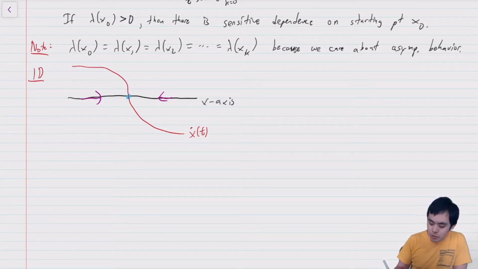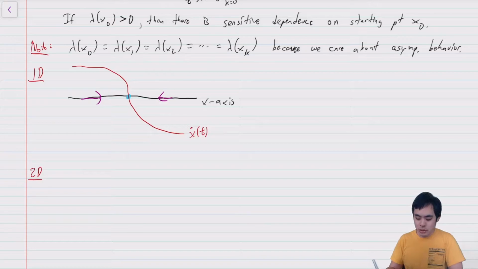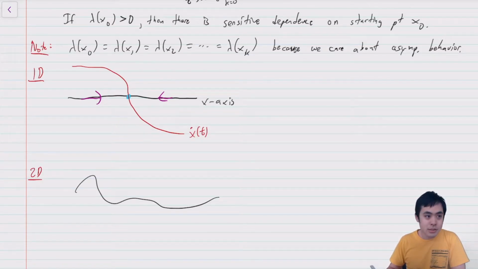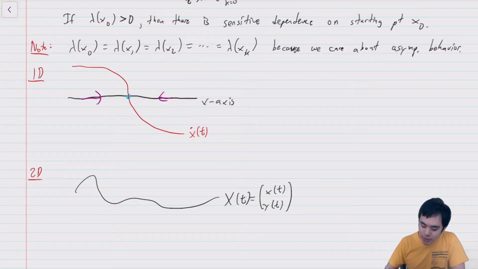So now what about in 2D? In 2D it gets complicated because you have all these different directions you can point. For example, you might have some trajectory, so let's say this is some trajectory x of t, equal to x of t, y of t. Given this trajectory, you might have some point here that goes in this direction.